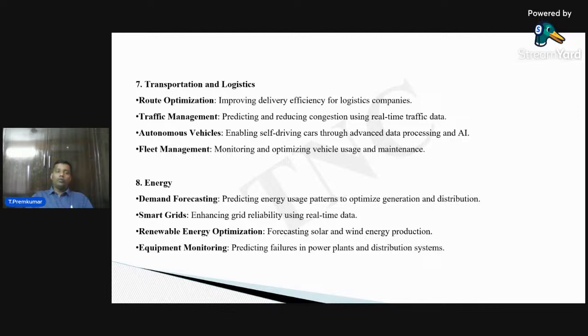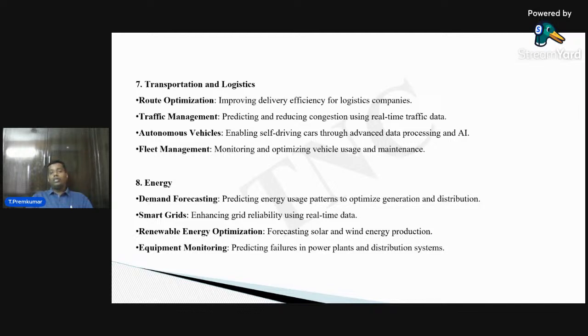Where we can go for route optimization, traffic management, autonomous vehicles, and fleet management. Route optimization improves the delivery efficiency for logistics companies, and traffic management is about predicting and reducing congestion using real-time traffic data.